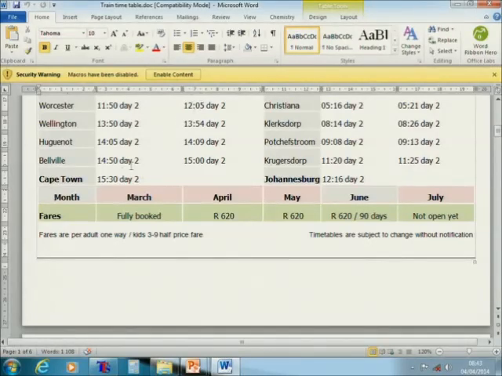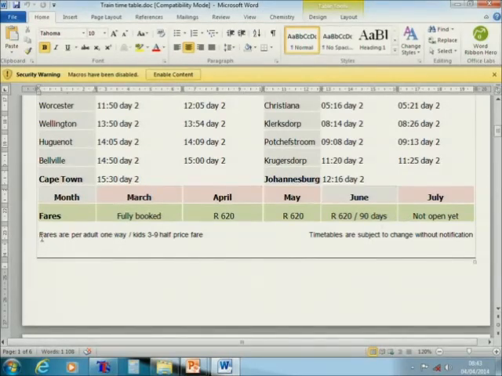If you go to the internet or you go to any station, this is the timetable that you'll get at the present moment. This was not fabricated, it's the real thing. For March, it is fully booked. But for April, you can still pay that 620 per adult, and for May and June. For July, it's not open yet. No bookings are being taken for July as we speak. Why? We have our reasons.